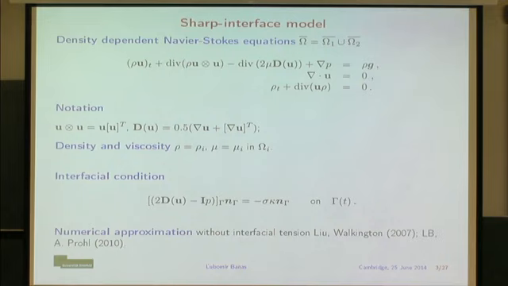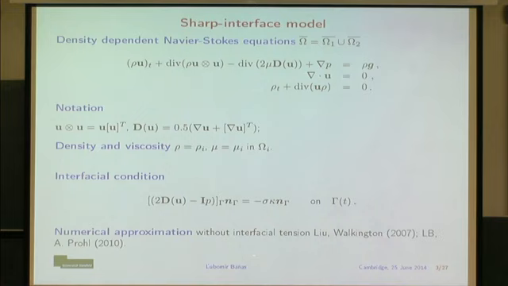If we want to consider surface tension, then we have to impose the following jump condition across the interface between the fluids. One could approximate this problem numerically, but then we would have to deal with this interfacial condition explicitly, which is not always straightforward. I mention here two works.